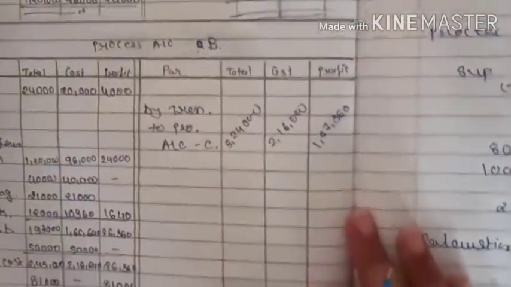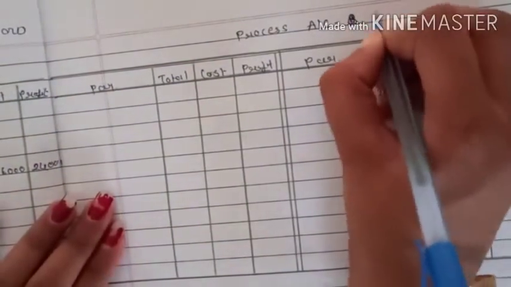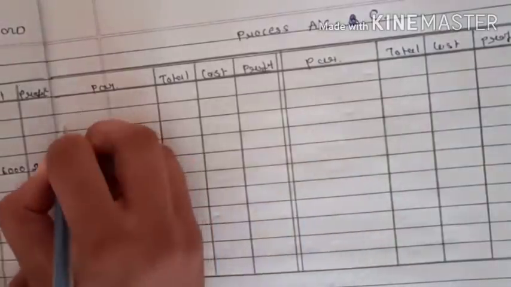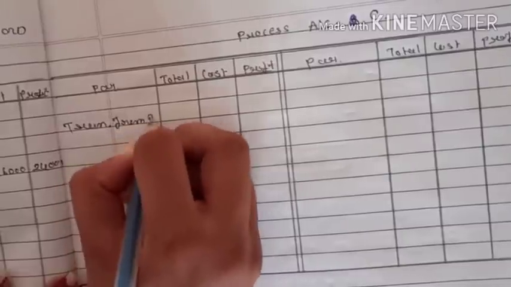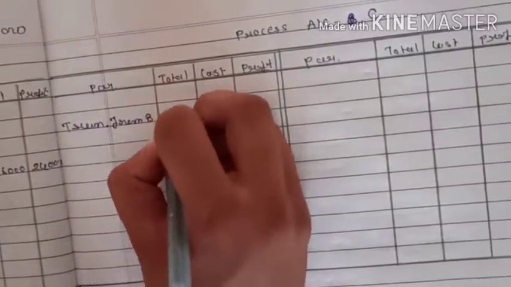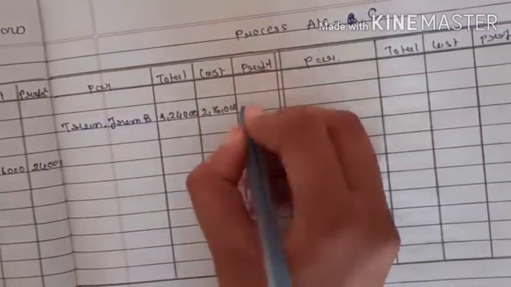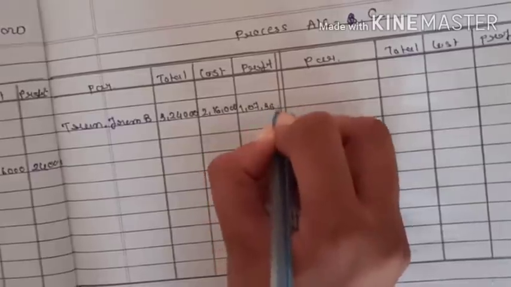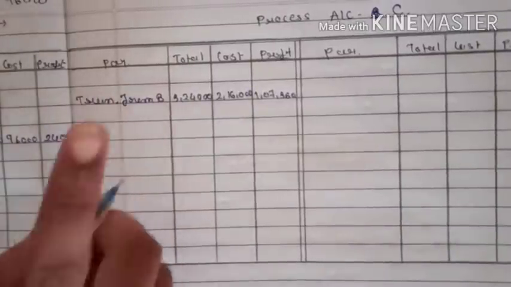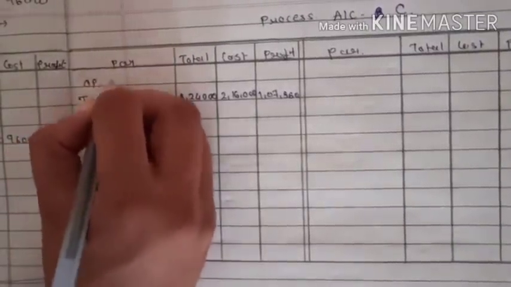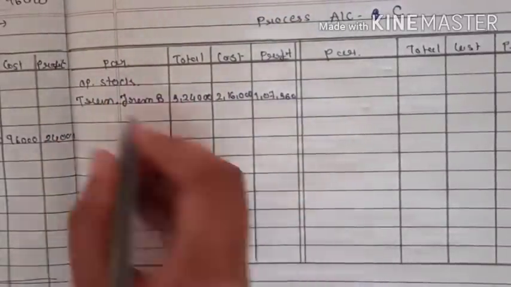Close the account, and we have to transfer in process account C. Transfer from B. Total cost is 3,24,000, 2,16,000 and 1,07,360. First we have to write down the opening stock. So opening stock, opening stock is given, 20,000.